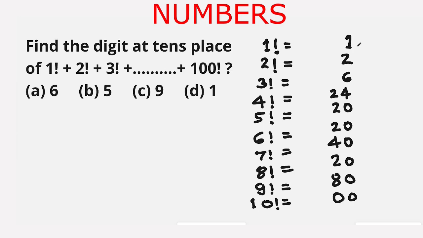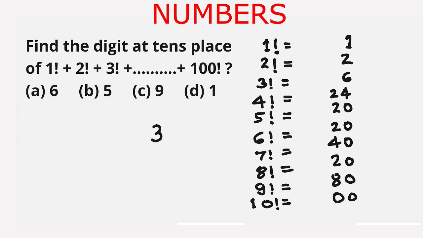1 plus 2 is 3 plus 6 is 9 plus 4 is 13 and all others are 0. So we write 3 and carry 1. 1 plus 2 is 3 plus 2 is 5 plus 2 is 7 plus 4 is 11 plus 2 is 13 plus 8 is 21 plus 0 is 21.